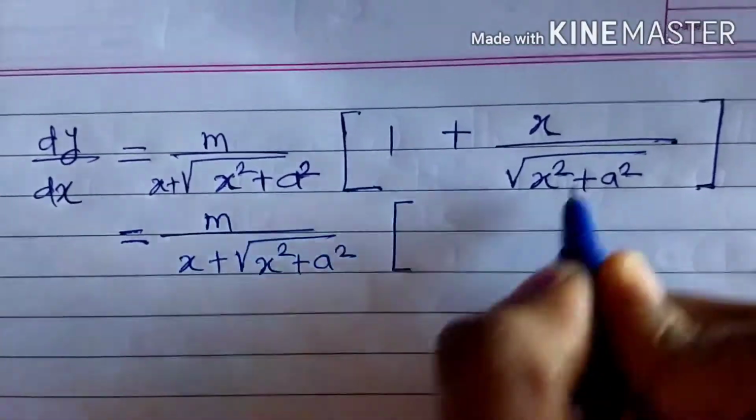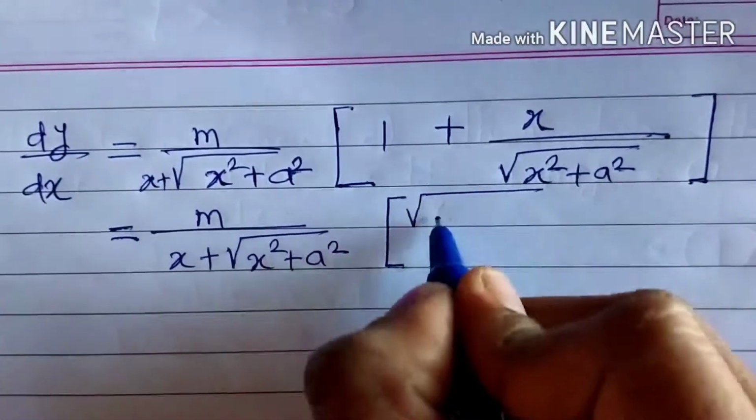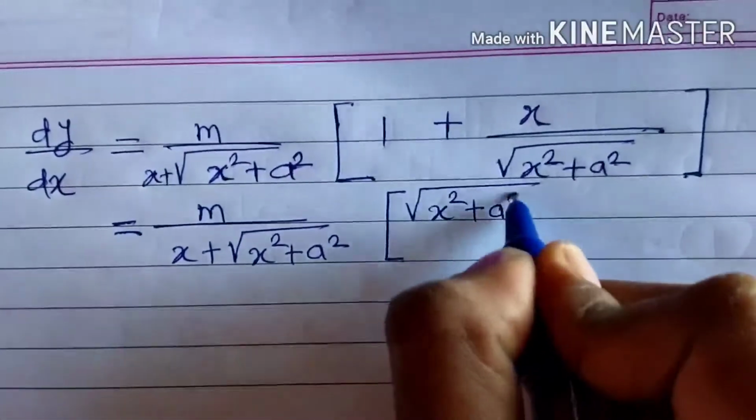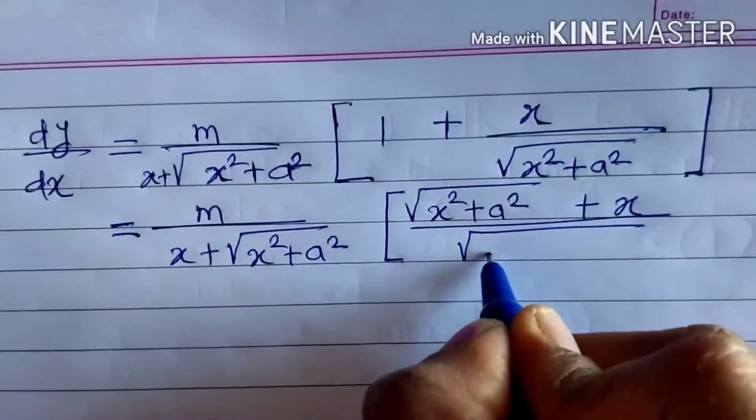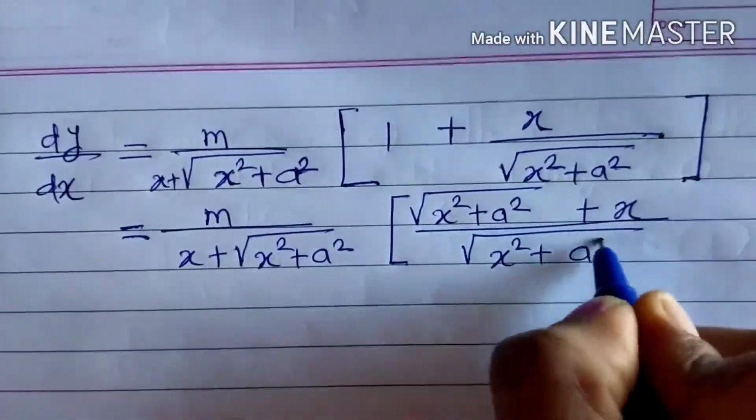Now cross multiply this, so we get under root of x square plus a square plus x upon x square plus a square.